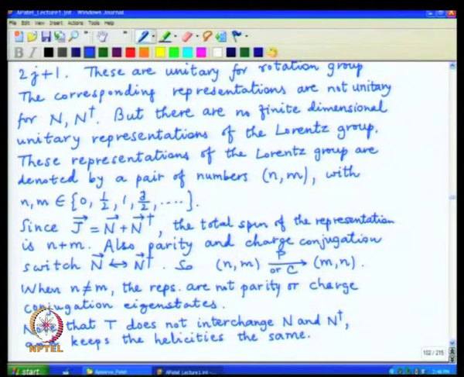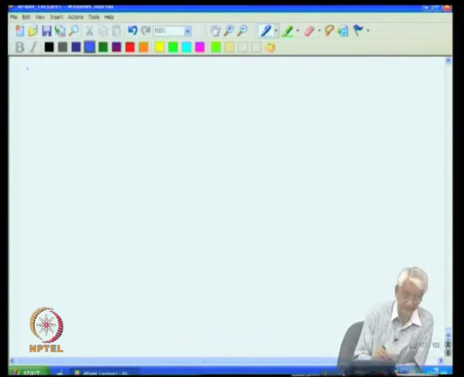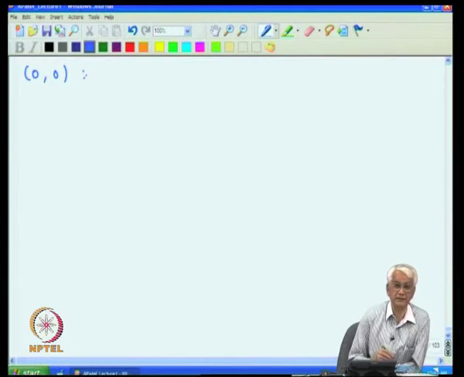It is actually best to illustrate all these properties with simple examples, and I will just list them. The smallest representation is 0 0.